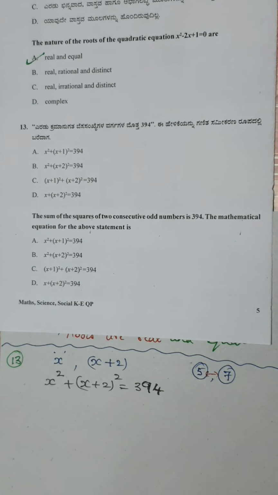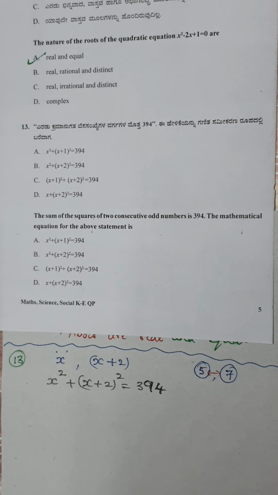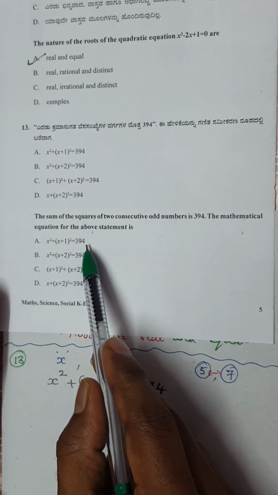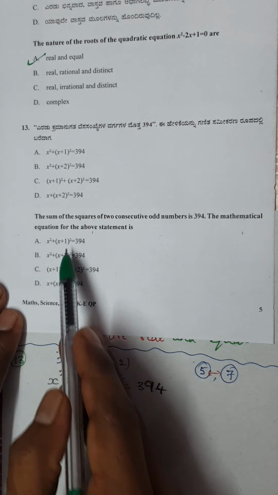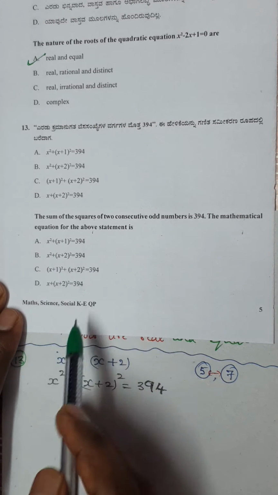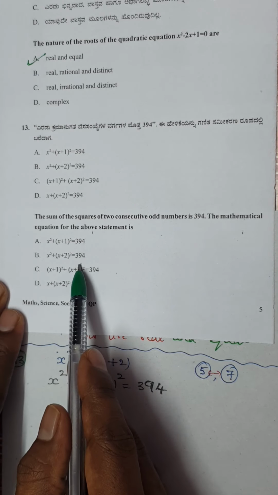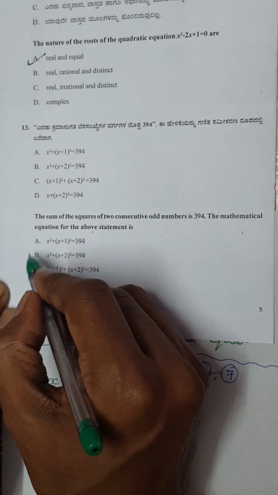Check which option you find it in, A, B, C, D. So x square plus x plus 1 whole square is equal to 394. Please be careful. He has given x square plus x plus 1. So option A is wrong. Option B, x square plus x plus 2 whole square is equal to 394. Yes, definitely option B is the right answer.